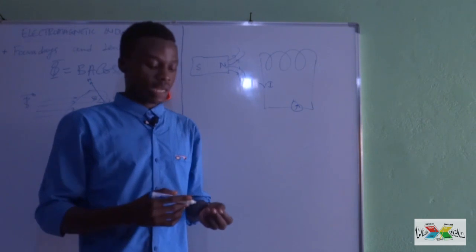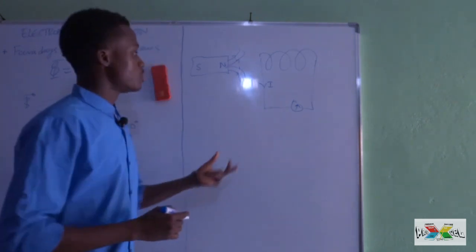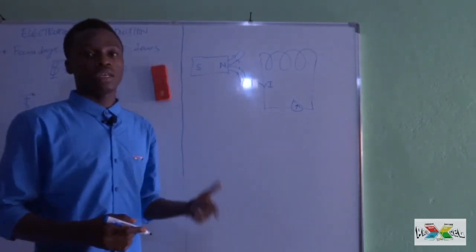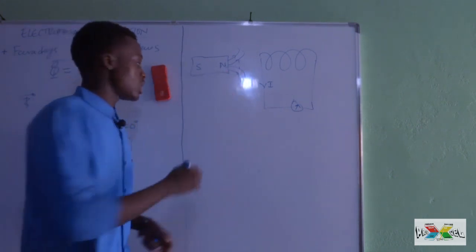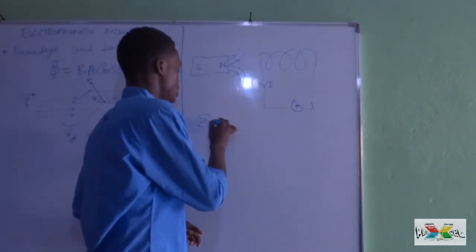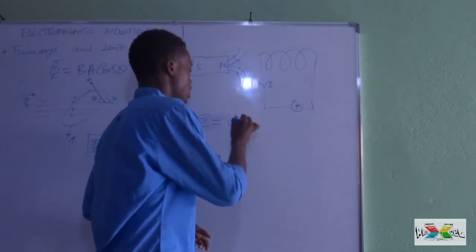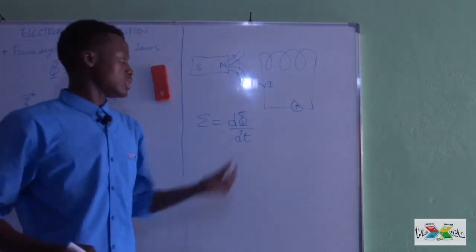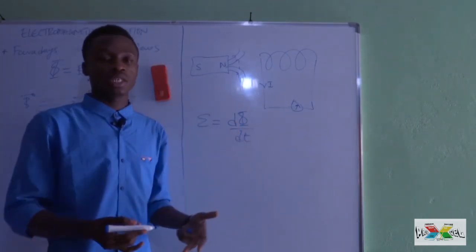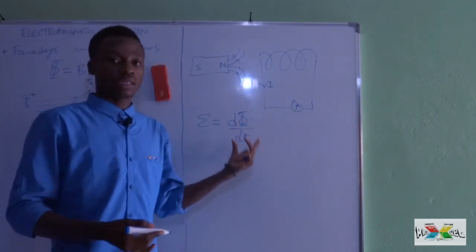So the relation between the induced EMF in the conductor and the magnetic flux of the magnet in question is given by E equals delta phi by delta t. Delta phi by delta t simply means the change in the magnetic flux over time.